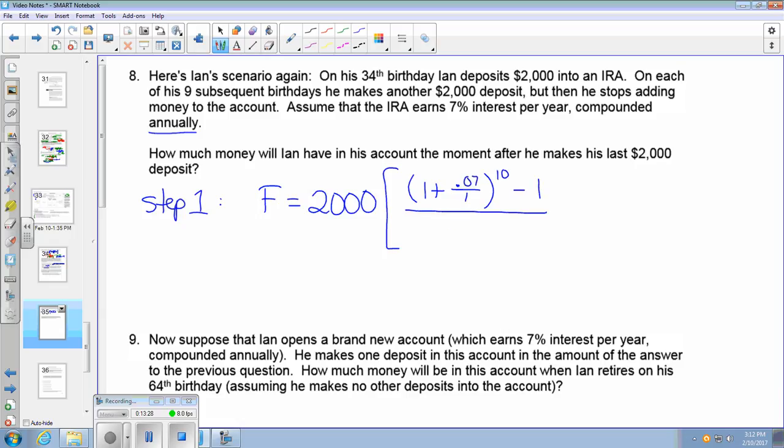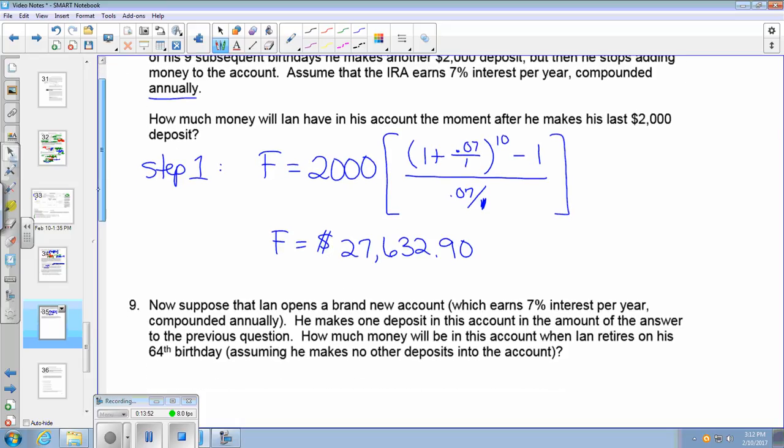And on the bottom, we have our interest rate divided by n, which is just 1. It's the number of payments per year. Okay. And again, on your calculator, if you can do this in 1 step, what you'll find is that Ian is going to have a total of $27,632.90 at the end of those payments.